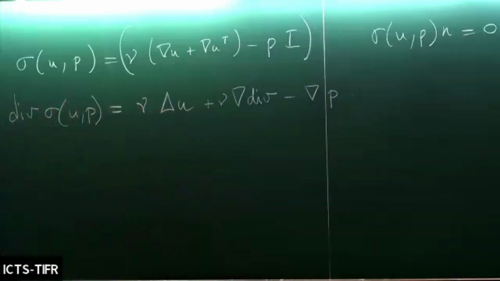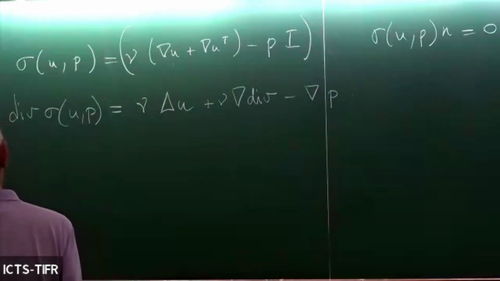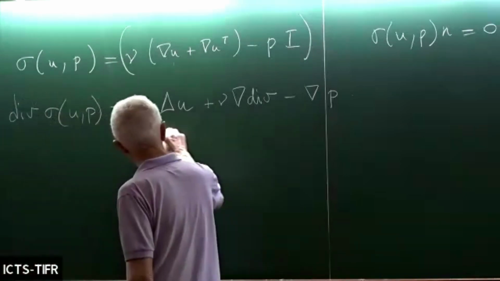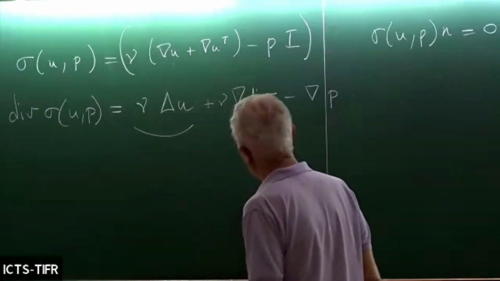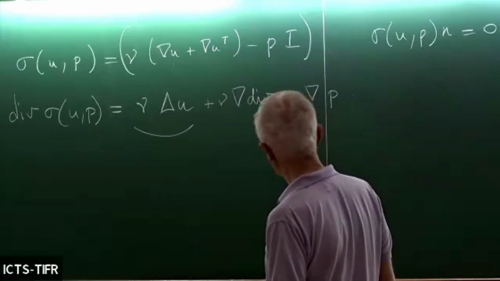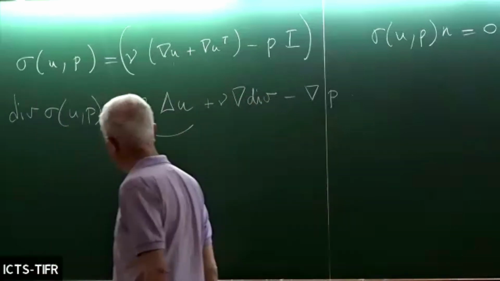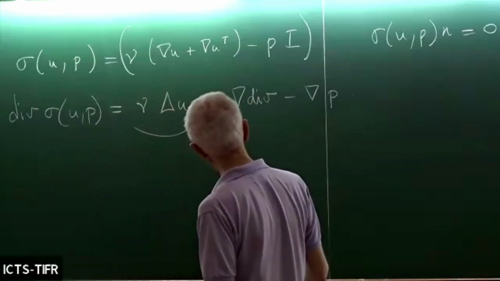So when you write the Stokes or Navier-Stokes equation, there are two ways of writing the equation, either with only the Laplacian of u or with the divergence of this tensor.